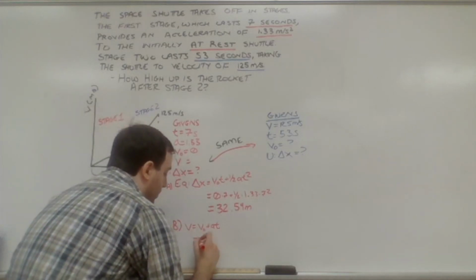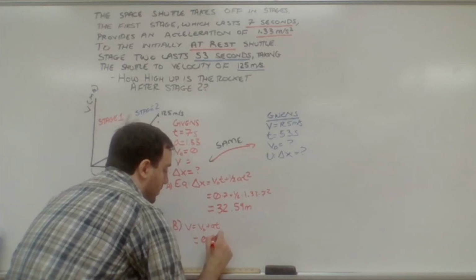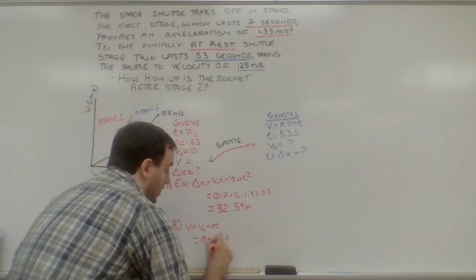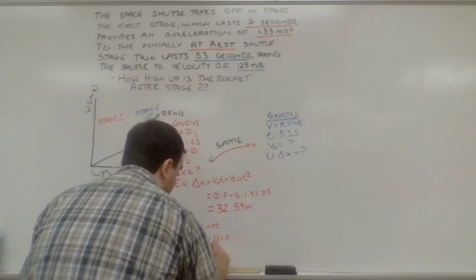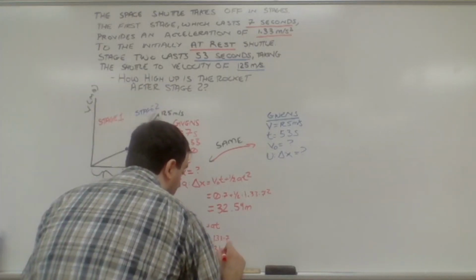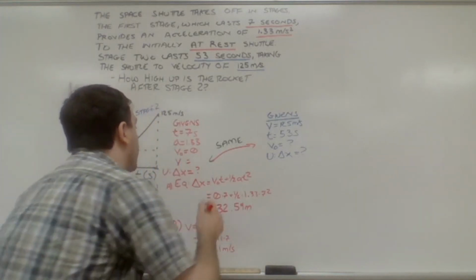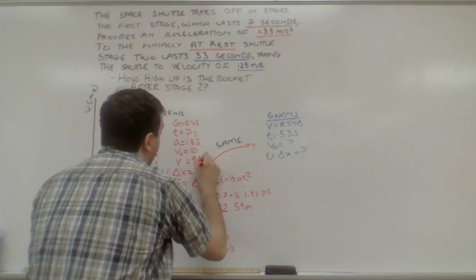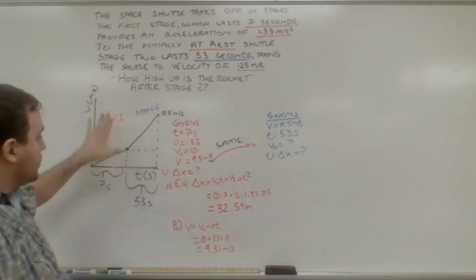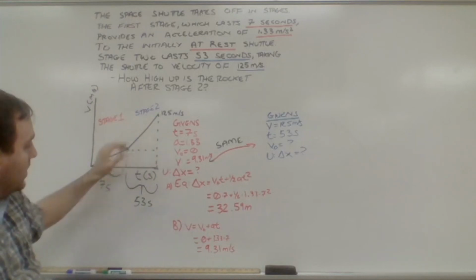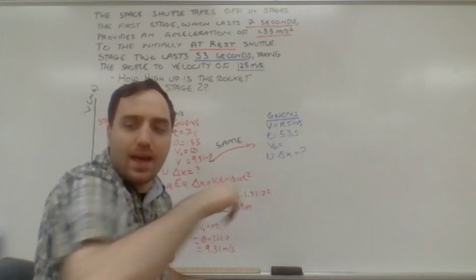Plug in everything, and surprising no one, we'll get the same number we got when we solved it graphically, which in this case is 9.31 meters per second. So the 9.31 meters per second here, that is my final velocity of stage 1, becomes my initial velocity for stage 2. And I can carry that over.